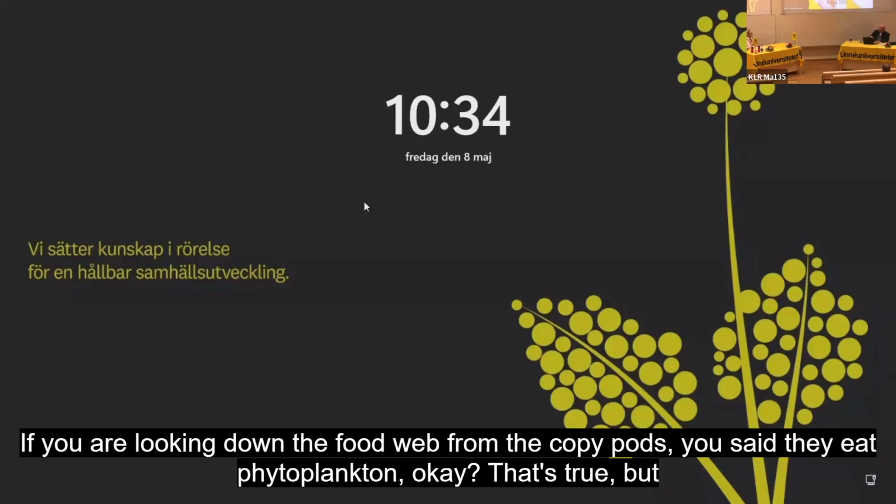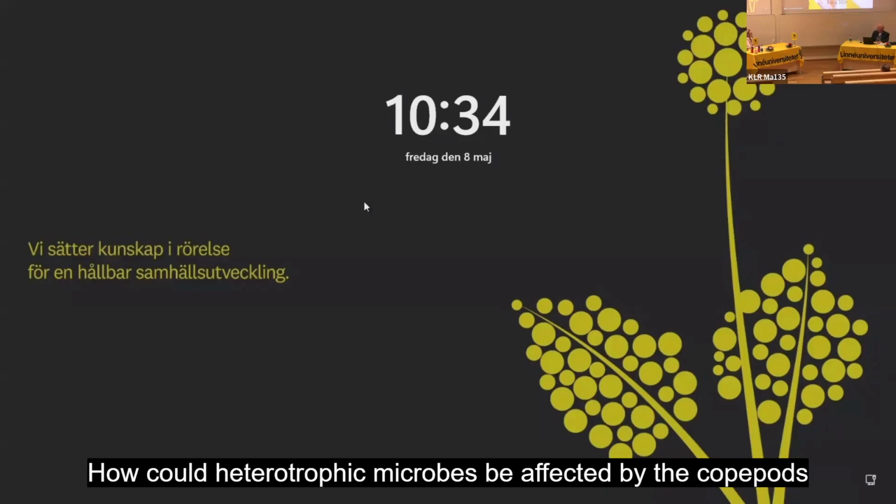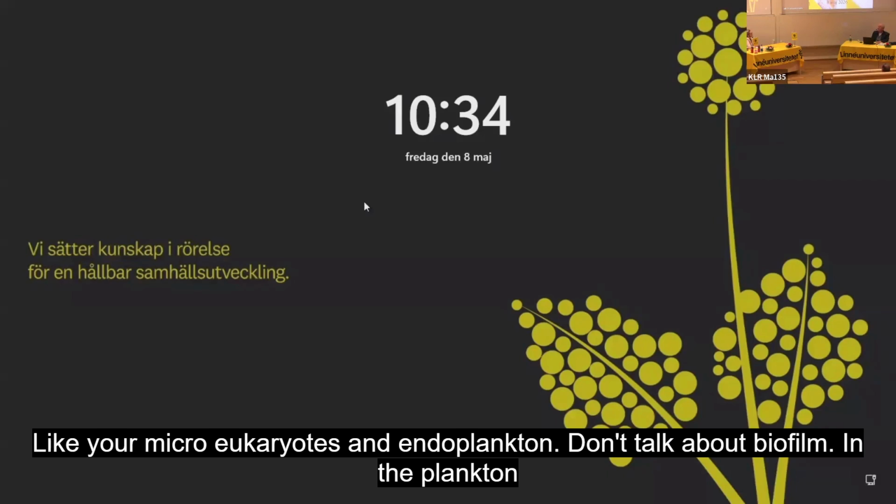If you're looking down the food web from the copepods, you said they eat phytoplankton. Okay, that's true. But how could heterotrophic microbes be affected by the copepods, like your micro-eukaryotes in the plankton? Don't talk about biofilm.